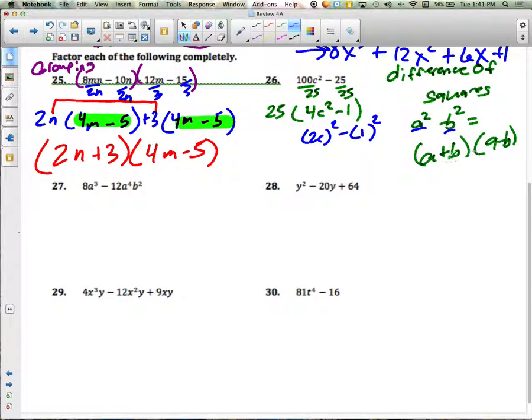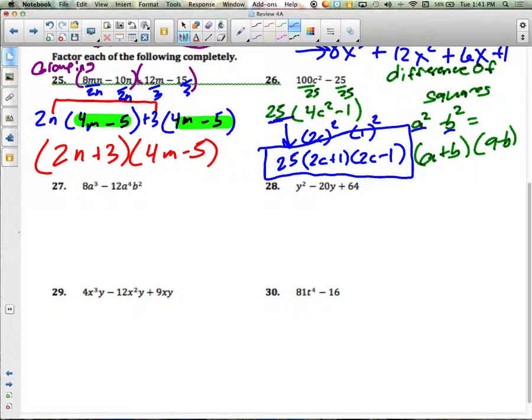So I'm just going to factor it as a plus b, a minus b, which would be 2c plus 1 and 2c minus 1. But don't forget your greatest common factor that you took out at the beginning needs to be brought down. So your final answer is 25 times 2c plus 1 times 2c minus 1.